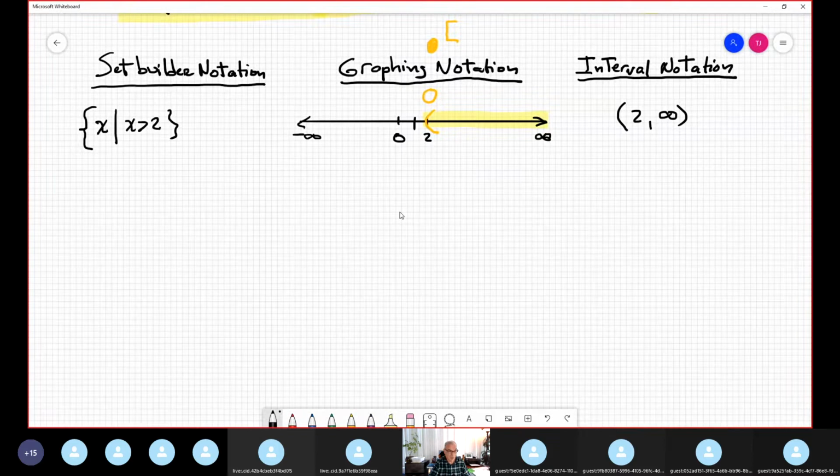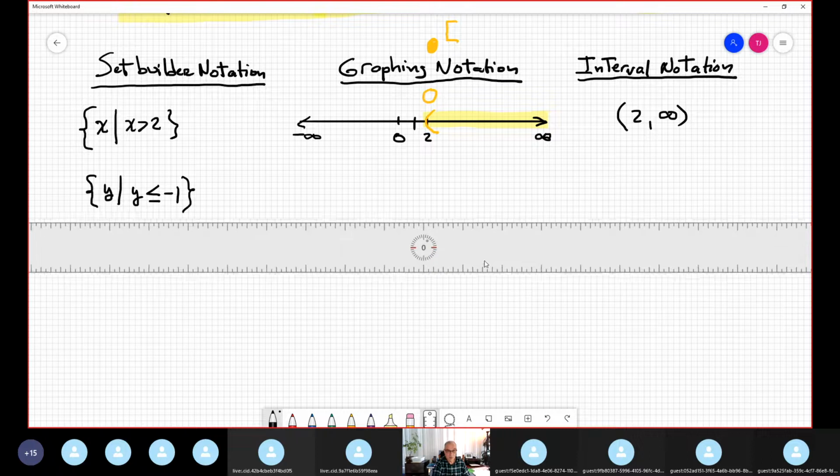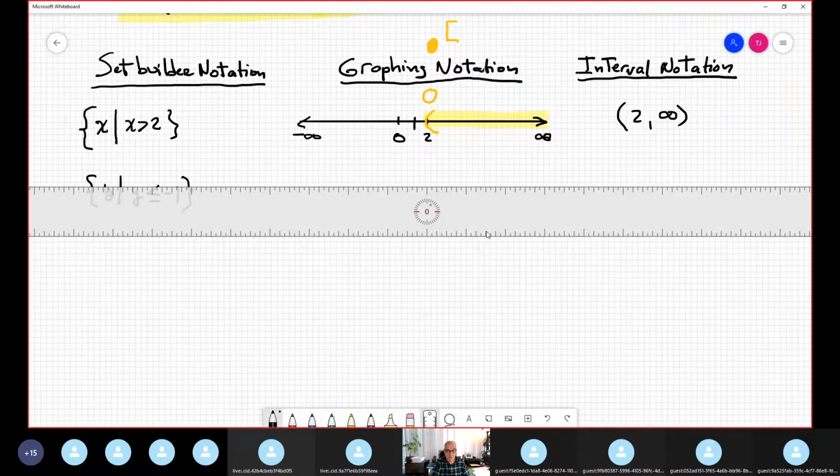Another example. Suppose y, the variable is y now, such that y is less than or equal to -1. And close the curly bracket. Now let's do it on the number line.